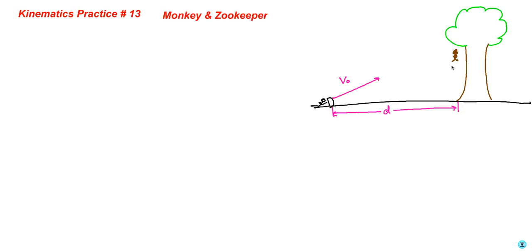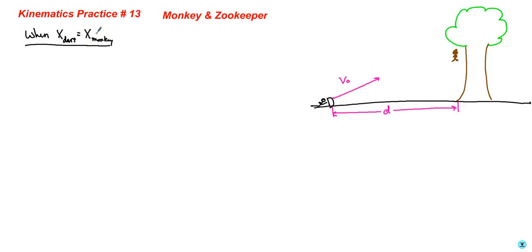So the first thing we're going to look at is when the X position of the dart is equal to the X position of the monkey. When the dart and the monkey are in the same spot in the X direction, then we know that at least we're setting it up properly. We're good to go there.